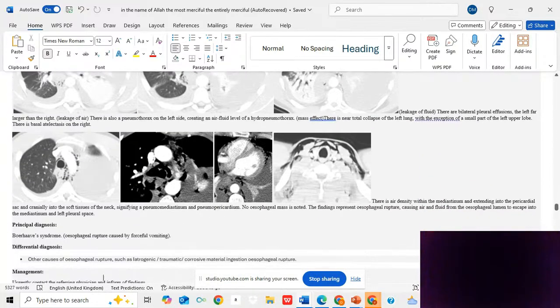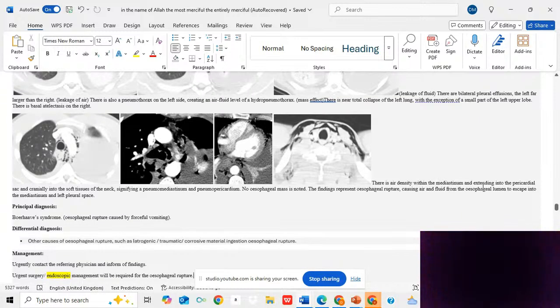Okay, there is air density within the mediastinum, extending into the pericardial sac, as well as the soft tissue of the neck, as I mentioned, signifying pneumomediastinum and pneumopericardium, but no esophageal mass is noted.